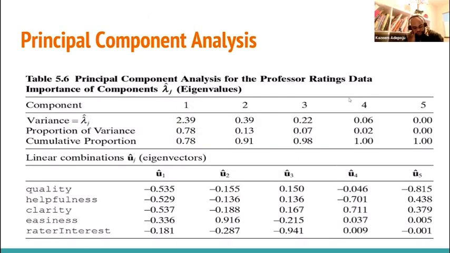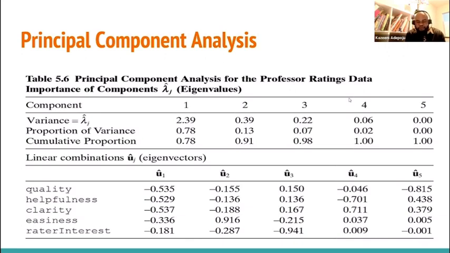Now, I want to show you a result, but my TA is going to walk you through how to go about this in the lab. I'm also going to supply you a code on how to do that. Now, I want to use a data set that we call the Rate My Professor data.